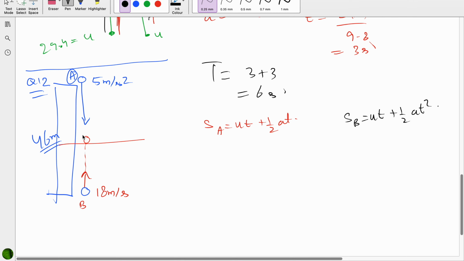It takes this distance and this takes this distance. Final velocity is unknown for both of them. And another option is v square minus u square equals 2as. Final is again unknown. And v equals u plus at.